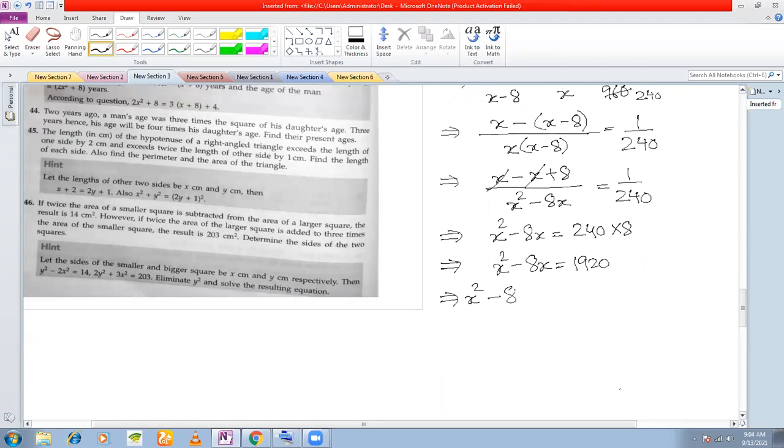You form this as a quadratic equation. Okay. So now we'll solve this quadratic equation by factorization. It seems difficult to find the factors. We'll solve this by Sridharacharya.